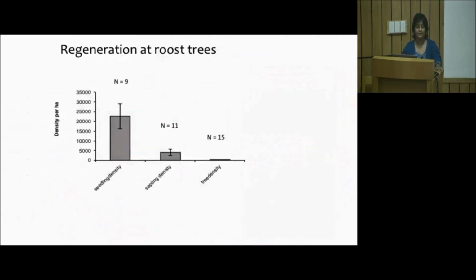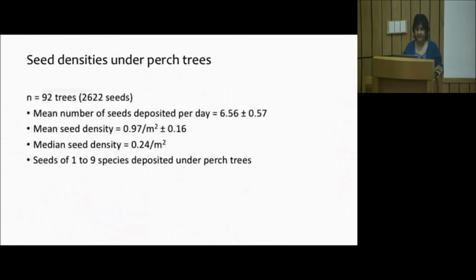But when you look at the regeneration, even though seedlings come up initially in high densities, the sapling density is drastically lower and tree density is almost nil. This is because hornbills roost in open sites away from the main forest patches where they forage along the river. They roost along the river on tall trees of bombax and albizia, in semi-grassland areas where there is inundation and other disturbances that ultimately do not result in recruitment anyway.